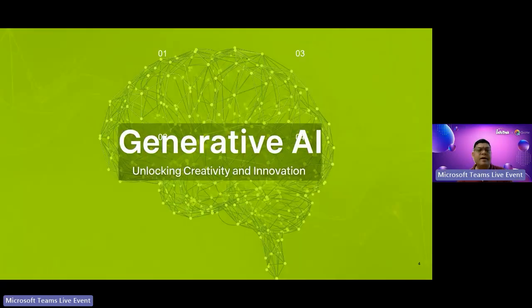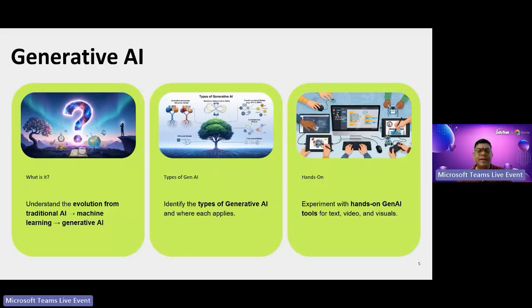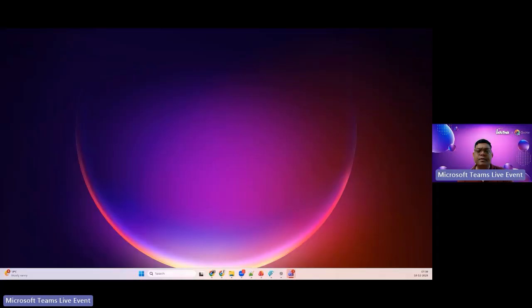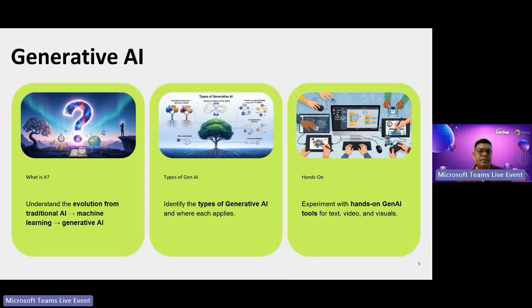Now, generative AI. So what is generative AI? AI has always been there. People have been using AI, it's just that the common person like you and me was not able to use it. It is not something new that we are seeing here.